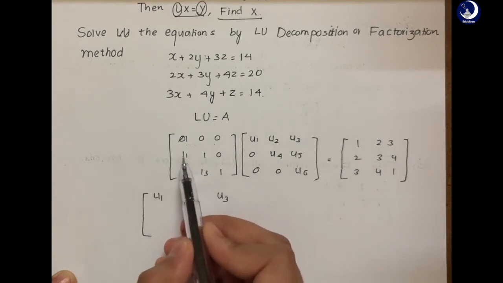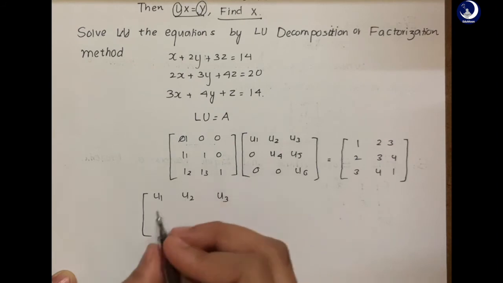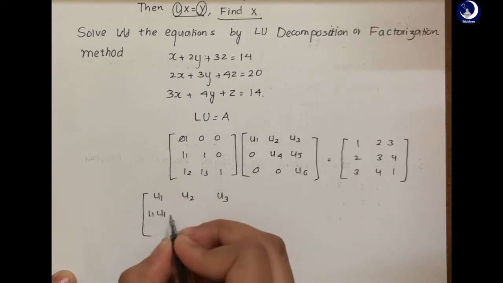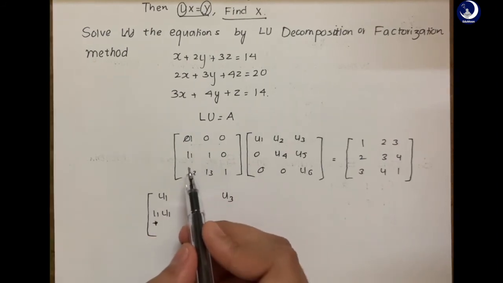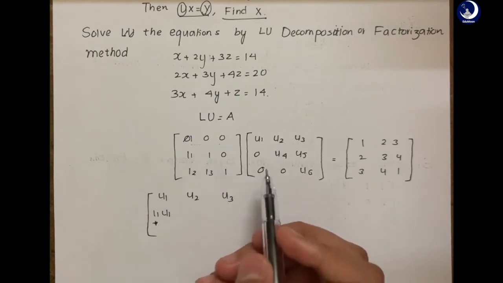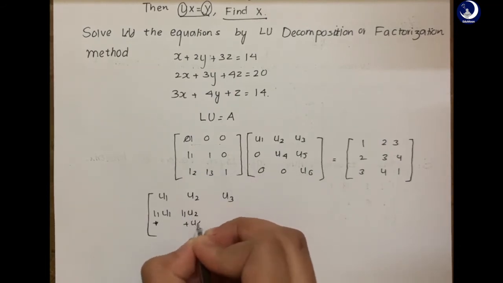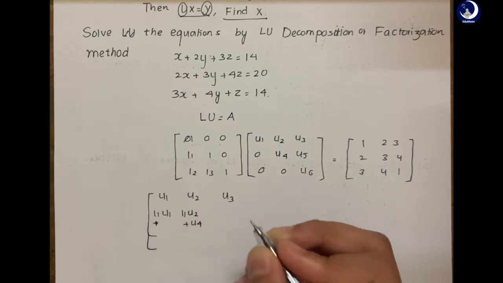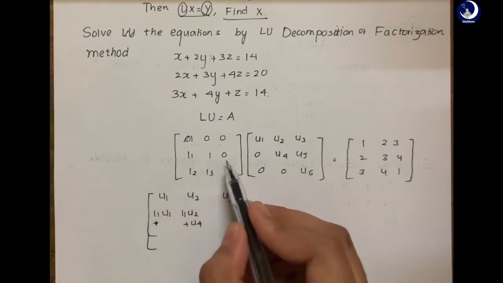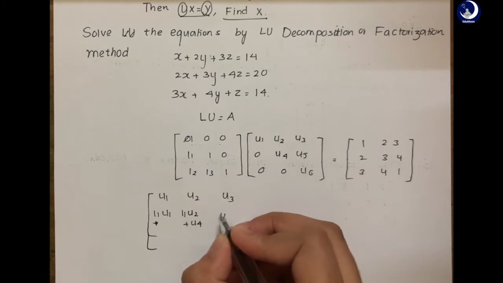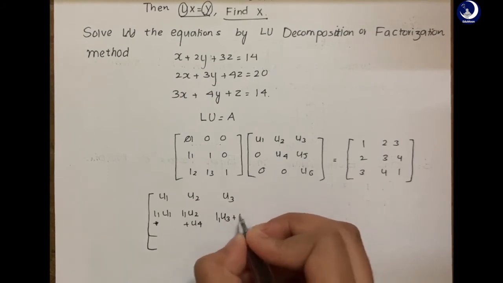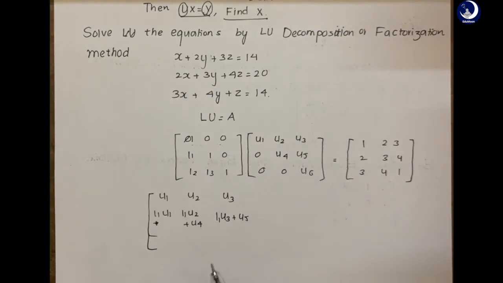Now let's multiply the second row with first column. Now second row with second column. Now second row with third column. Now third row with first column.